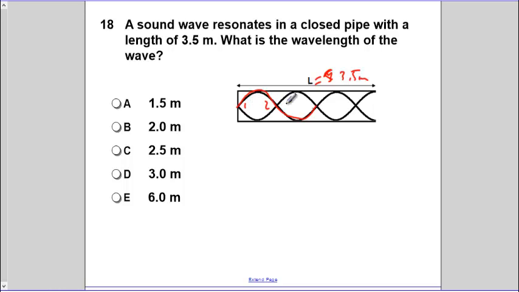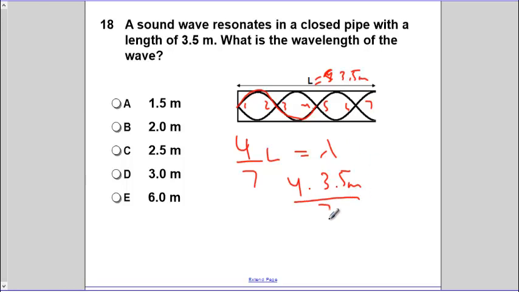So we have 1, 2, 3, 4, 5, 6, 7. If the entire tube contains 7 quarters, 4/7 of the length will be equal to lambda. So 4 times 3.5 meters, that's the length, divided by 7.